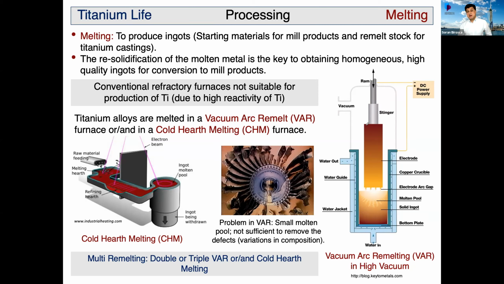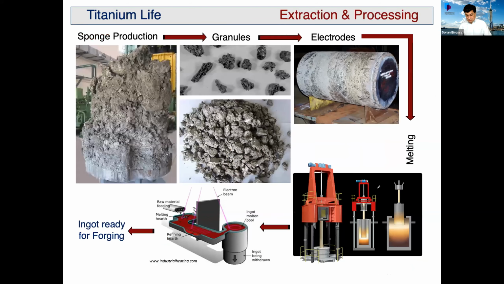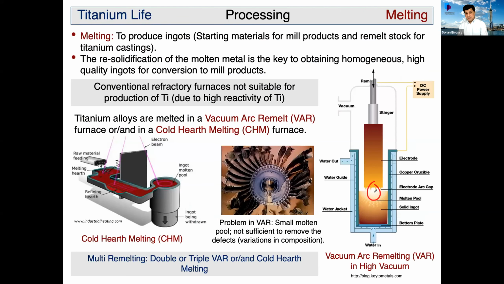Then you connect a power supply to the electrode and the copper crucible, and you generate a huge arc between the electrode and the molten part at the lower side of the copper crucible, and then you are remelting. One of the problems is that you're remelting only a small part at a time, so the chemical composition will not be homogeneous throughout the entire component you want to make.